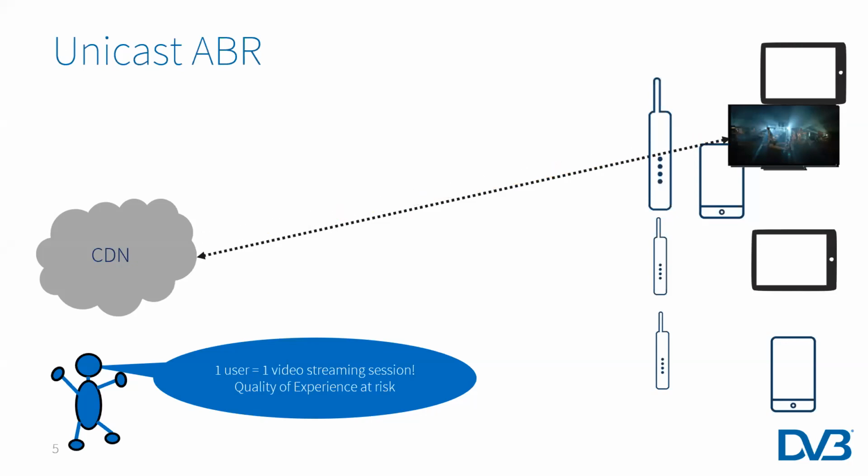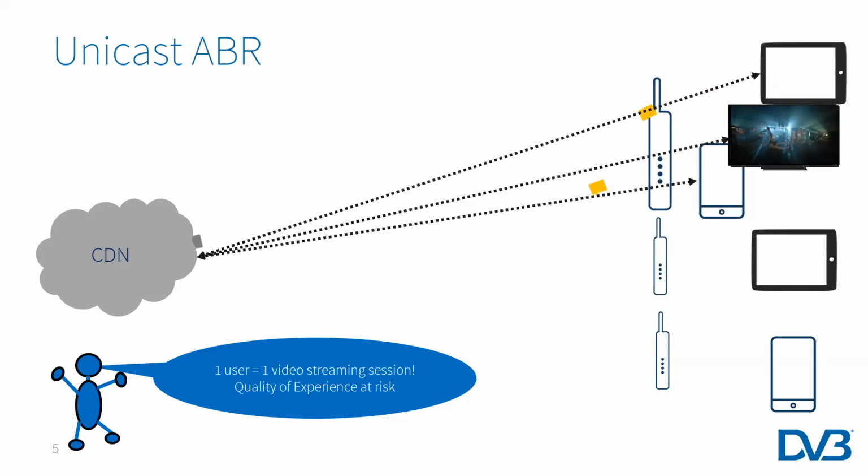So here, what you have on the front of the screen, you have more or less three, let's say, homes or zones, and each of them is covered by a residential gateway. And behind the gateway, you have the terminals. The thing is that each time a terminal wants to initiate a session, you will have a unicast connection, a unicast streaming session.